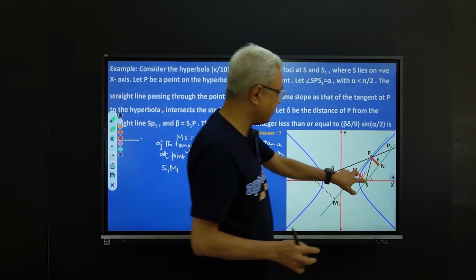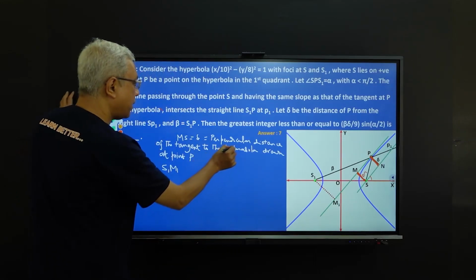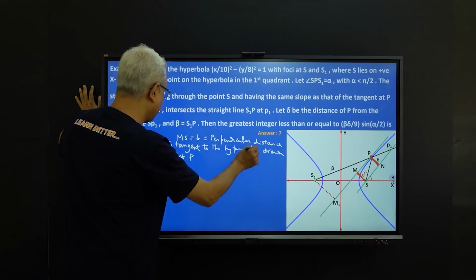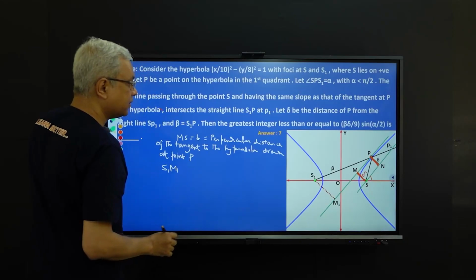So this is SM and this is S1M1. Perpendicular distance of the tangent to the hyperbola drawn at point P.